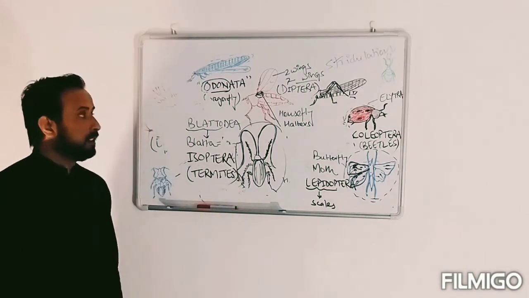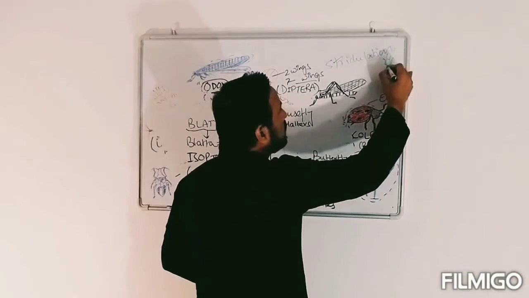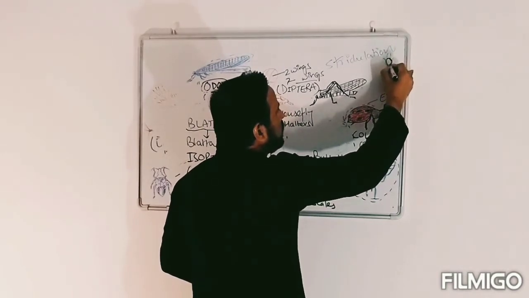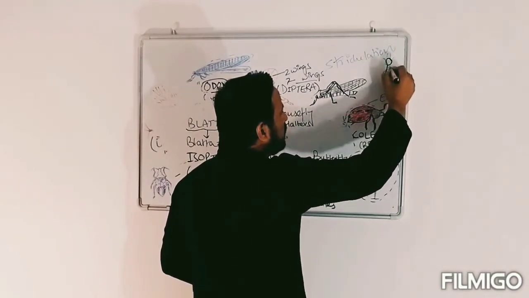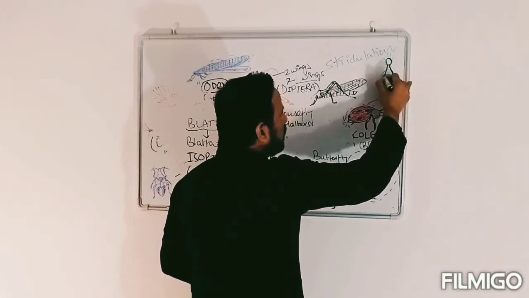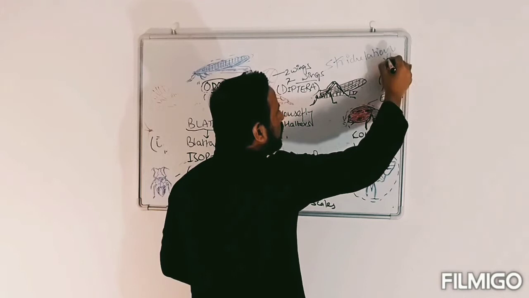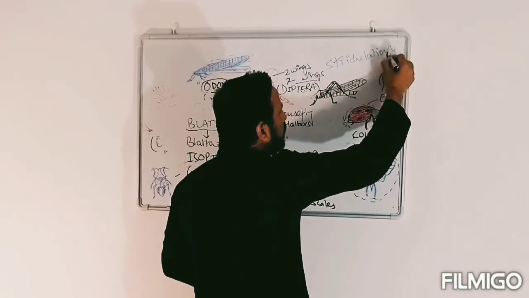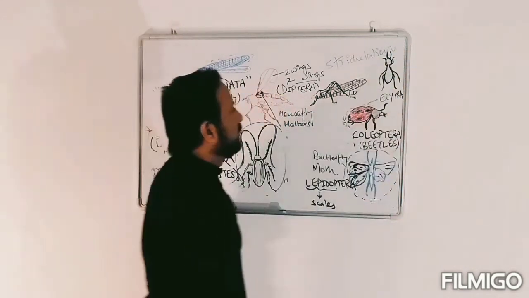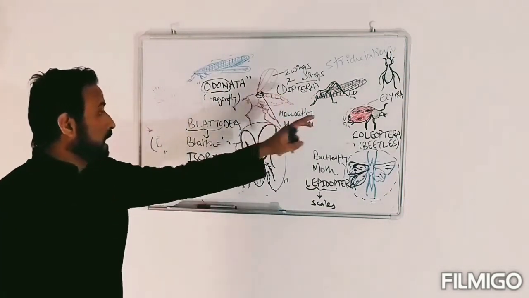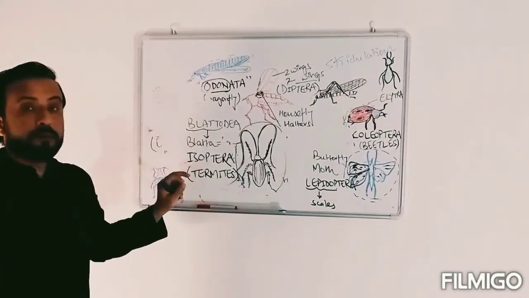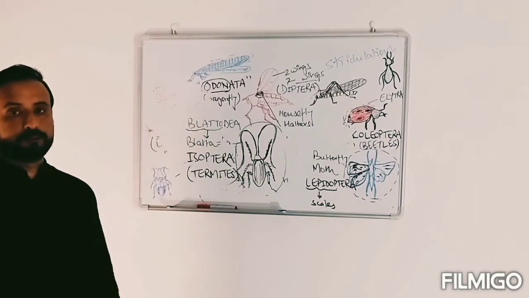Termites look something like this. Termites belong to the order Isoptera.